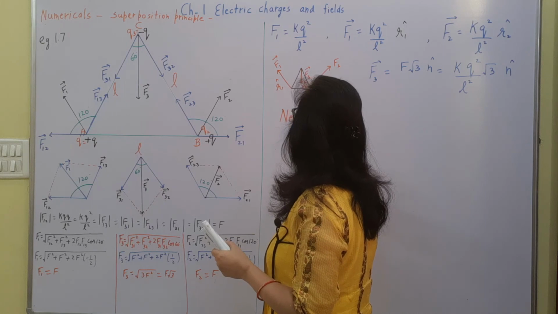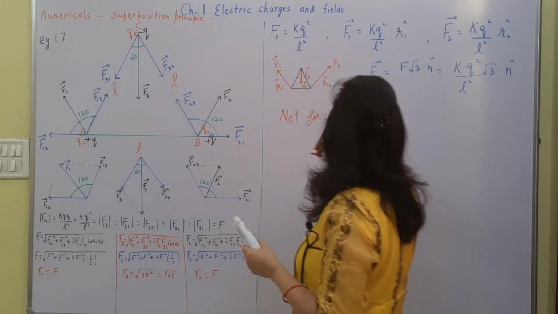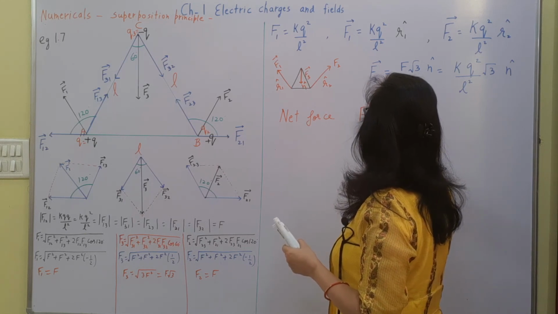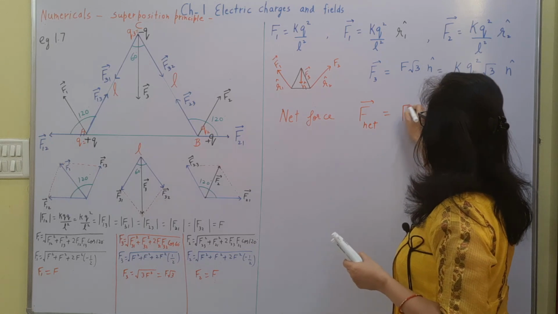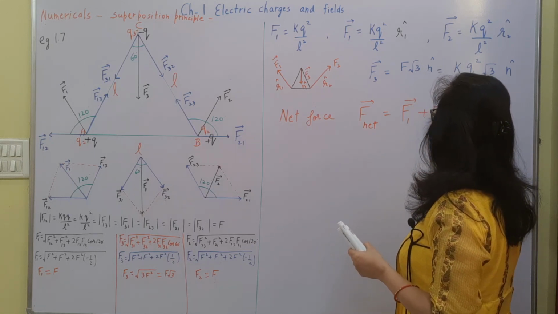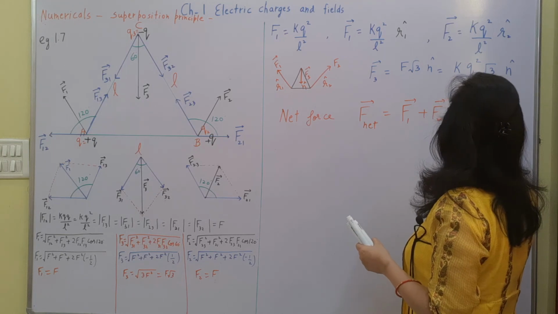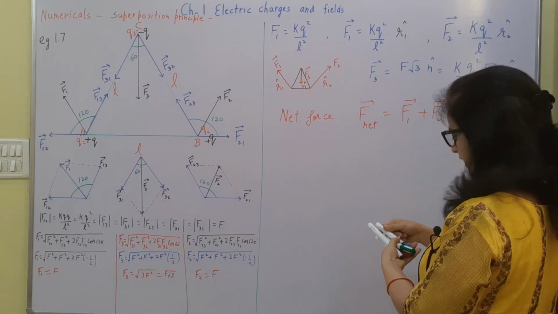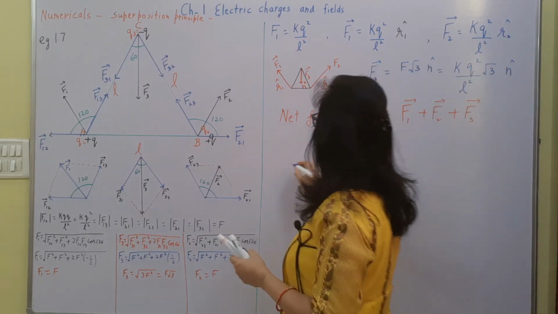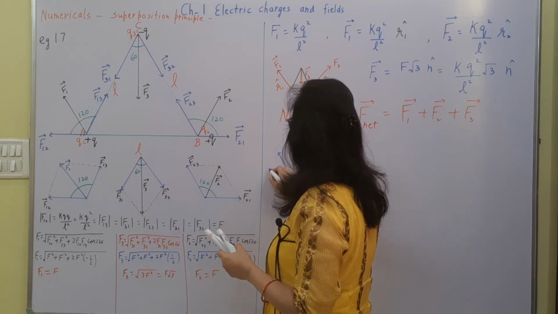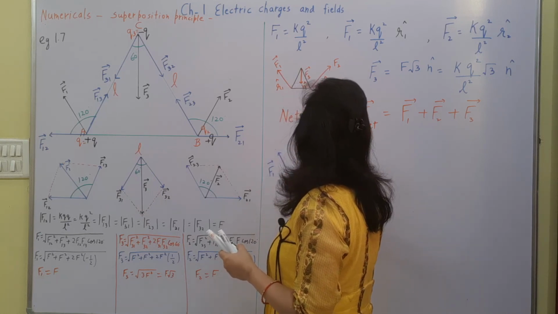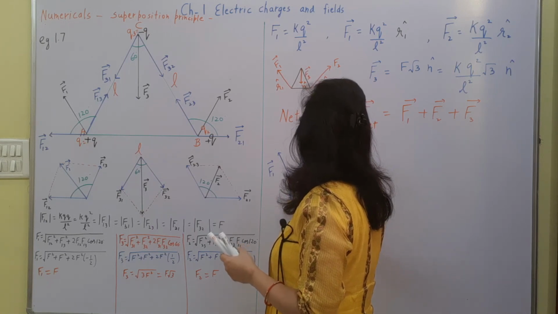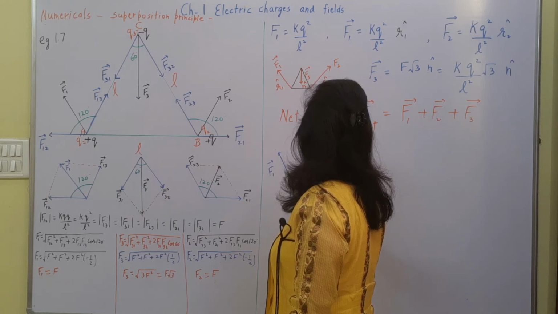Net force F net of all these three will be the vector sum of these three forces. For this, we can draw another diagram where we can show that this is the F1 vector, this is the F2 vector and this is F3 vector.